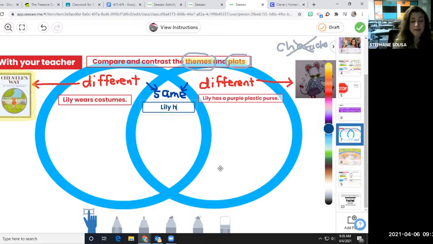So the fact that Lily has the same friend group is an important part of the plot. Okay, if those characters were not being friends inside of the text, then we wouldn't have a story in either book. Okay.